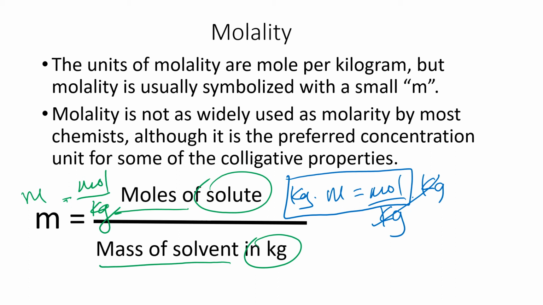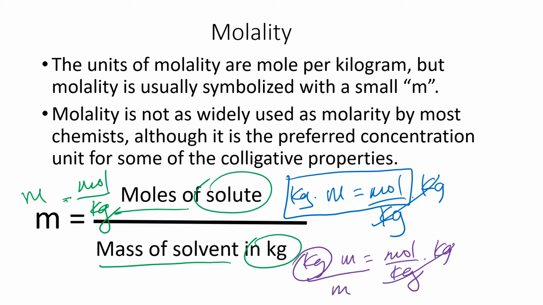If I want to solve for kilograms, so the mass of the solvent, let me rewrite the equation. So again, multiply both sides by kg. That cancels out, but now I got to get kg by itself. I'm going to divide by molality on both sides.